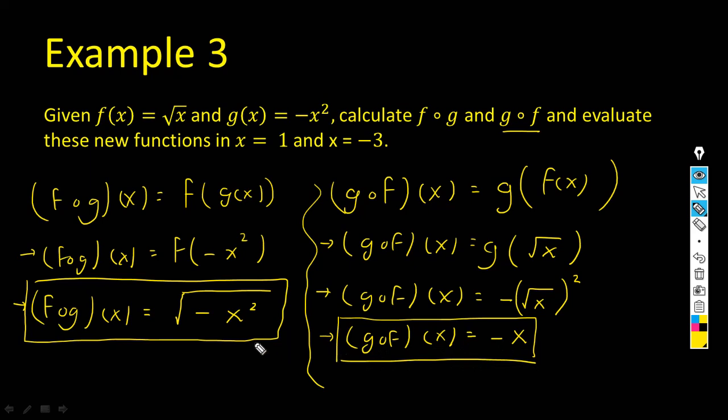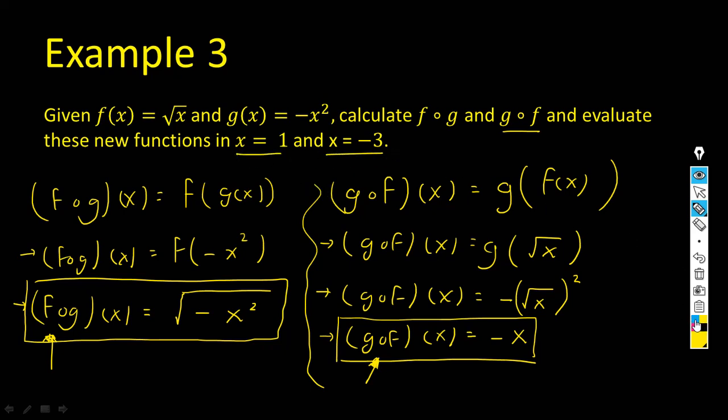Okay, now let's analyze these two functions, guys. Like I said before, they're not the same, which confirms the fact that f of g and g of f are different in the general case. Okay, the composition of functions is not commutative. And let's try to evaluate these functions in 1 and in minus 3, and let's see what happens.